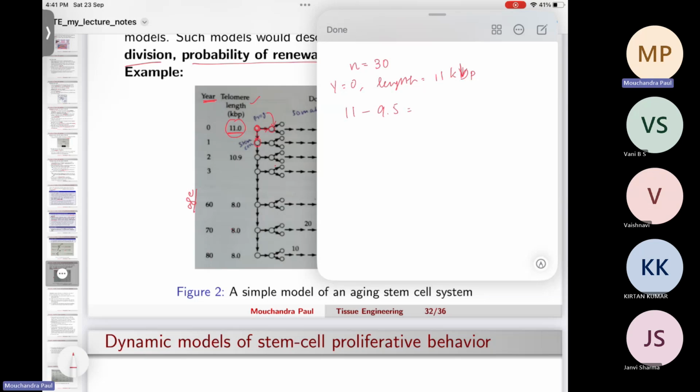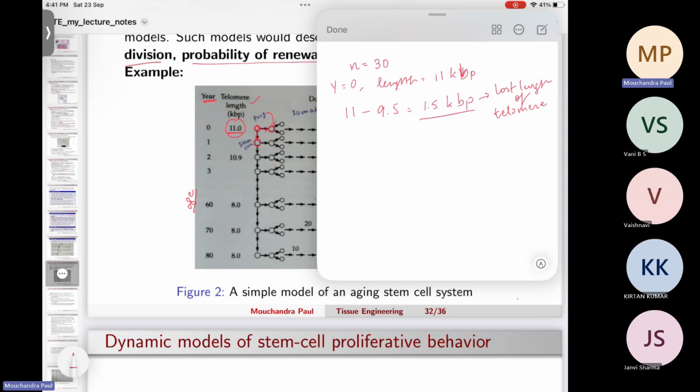What does it come out to be? I think it is 1.5 kbp. So 11 minus 9.5, so it is 1.5 kbp. Okay, so for year 0, this is the lost length of telomere.